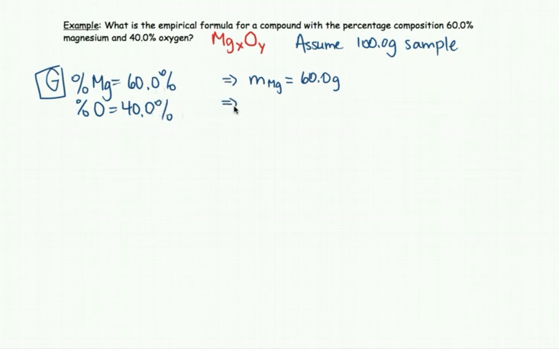And if you take 40% of the 100 grams, you would get 40 grams. Again, we don't know how much sample we have, so we're just deciding, let's say we have 100. In this case, if it's 60%, then 60 grams of the 100 would be magnesium, and 40%, so 40 grams, would be oxygen. Okay.